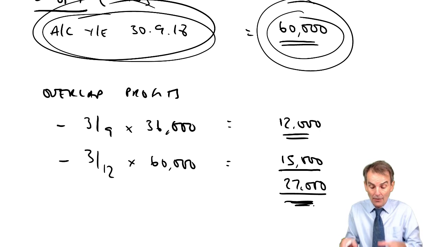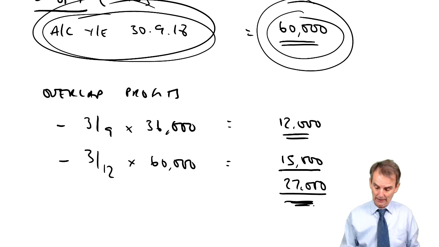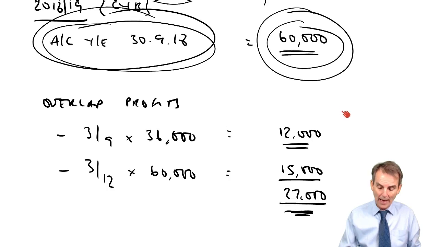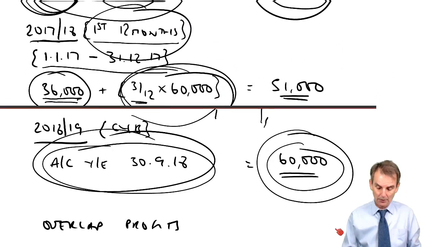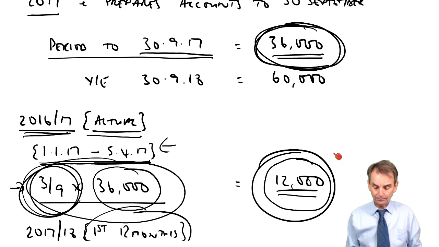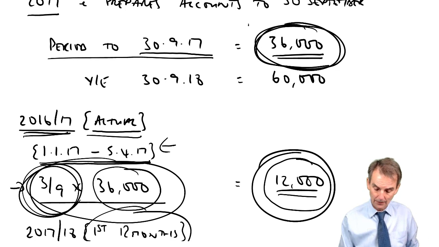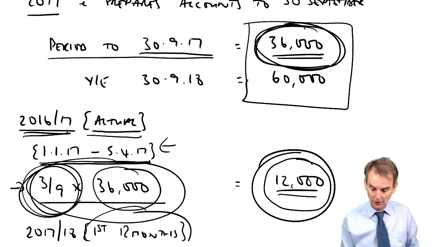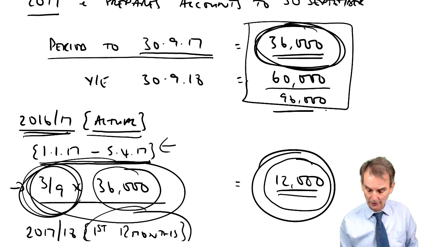Now, we've seen there the specific makeup of the overlap profit. Another way by which you might choose to compute this is this. If we look at, in terms of the information in the question, what profits arose in those accounting periods? 36 plus 60, well, that is £96,000 worth of profit.